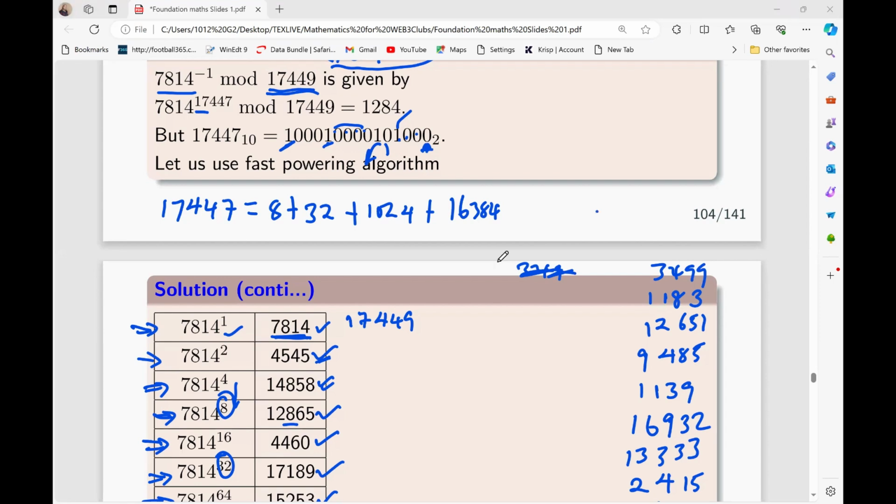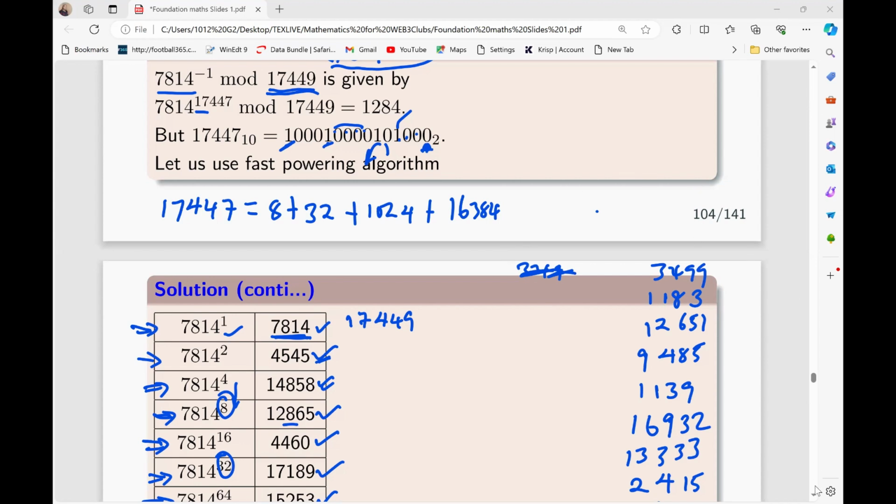Okay. That is 8 plus that 2 plus 1024 plus 16,384. It's giving me more by 1.